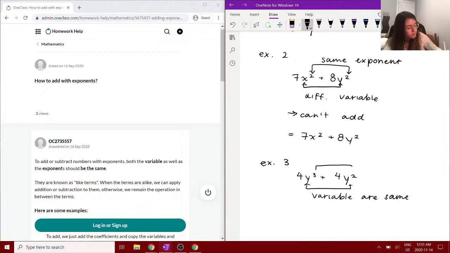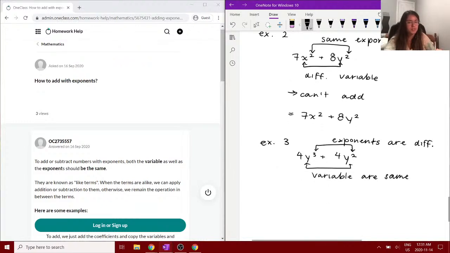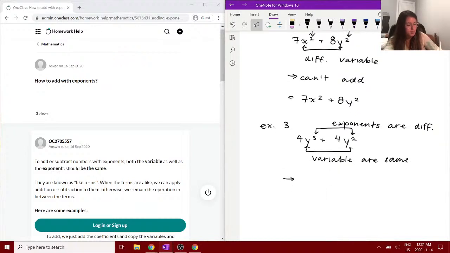But however, the exponents are different. So since the exponents are different, once again, we can't add them. We'll just have to leave it as is. So we still have 4y cubed plus 4y squared.